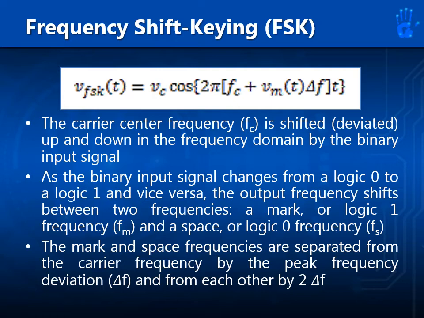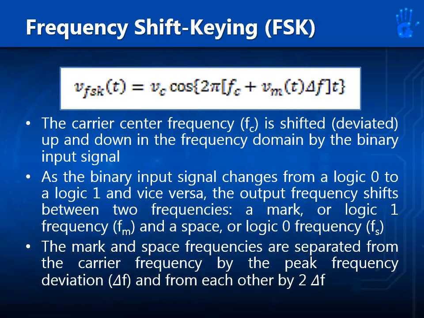As the binary input signal changes from a logic 0 to a logic 1 and vice versa, the output frequency shifts between two frequencies, a mark or logic 1 frequency, abbreviated as F sub m, and a space or logic 0 frequency, abbreviated as F sub s.